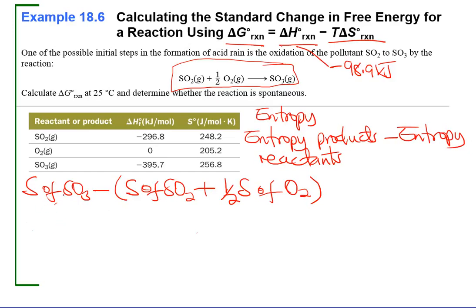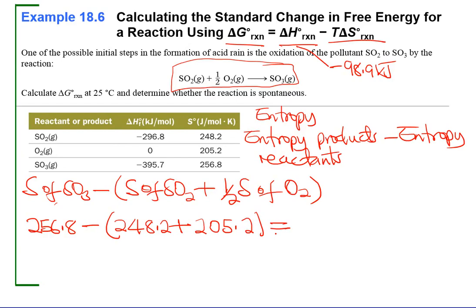So the S of SO3 based on this is 256.8. Now this one is given in joules per mole per Kelvin. This minus the S of SO2 here is 248.2 plus the S of oxygen is 205.2.